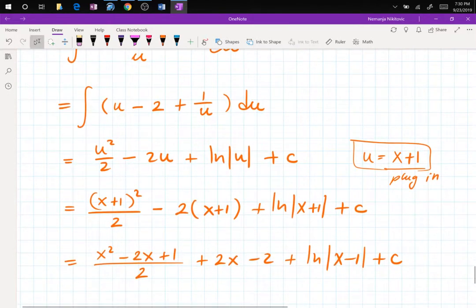And now over here, when I FOIL, that's a plus. Now that's a minus. That stays a minus. That's a plus.